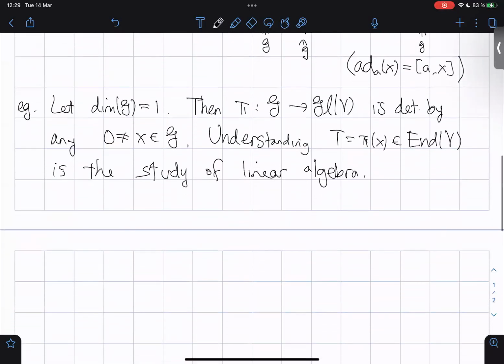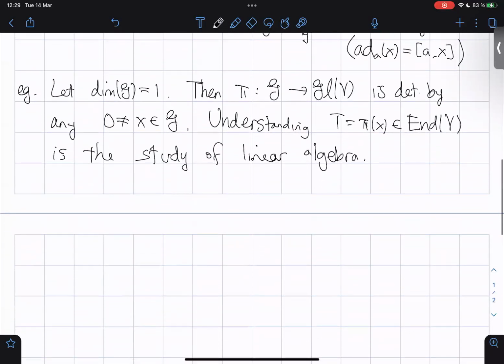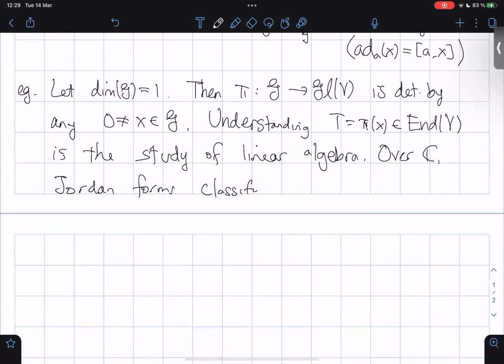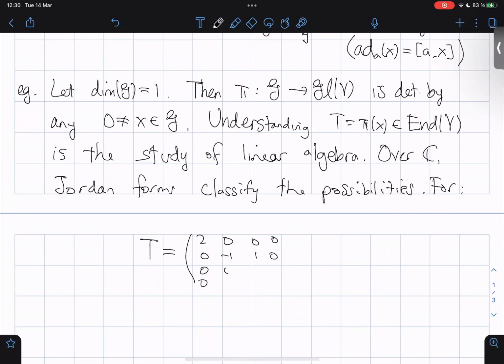So tell me if I'm scrolling too fast, okay? Let me just remind you, over C, the Jordan forms classify the possibilities. For example, for T, let's take a matrix something like this.